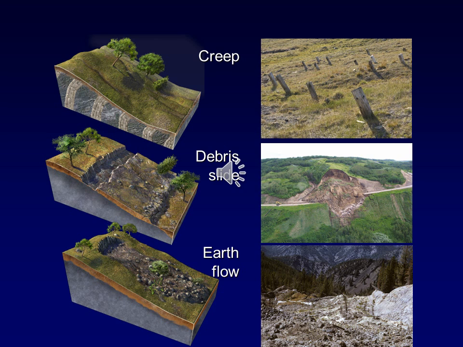This has unconsolidated materials, but it detaches along some interface. So it might be detaching along a bedding plane, a fault, or something like that, an area that's weak. And then the last one is an earth flow. We've got weak material with a matrix of fine-grained materials. It moves like wet concrete. It can also be called a mud flow. These can be very large and very dangerous.